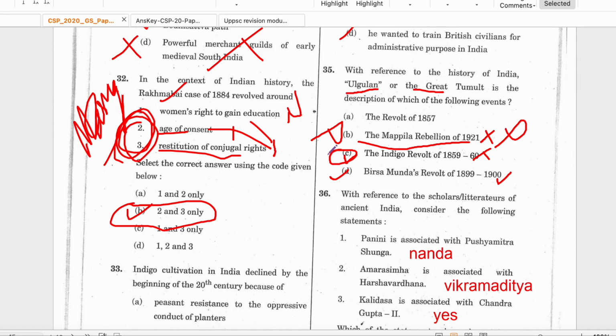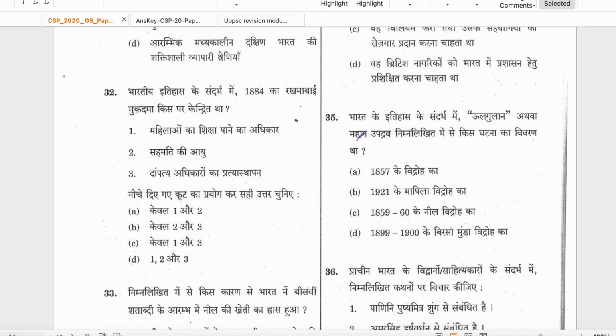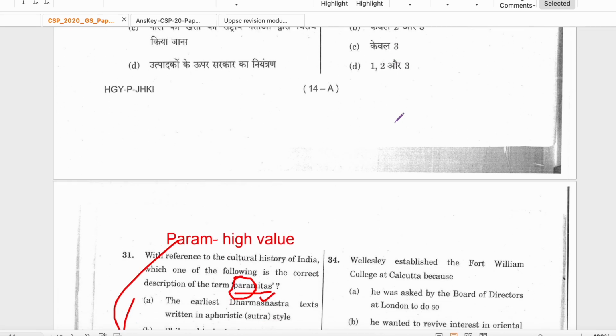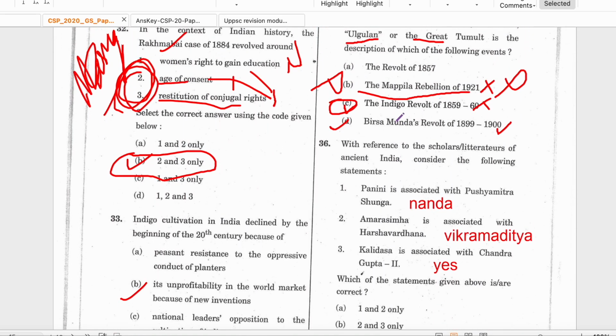It was not trying to oust the Britishers or bring some big change. Because if you see Mahan Updrav, it is something which wants to change things entirely.